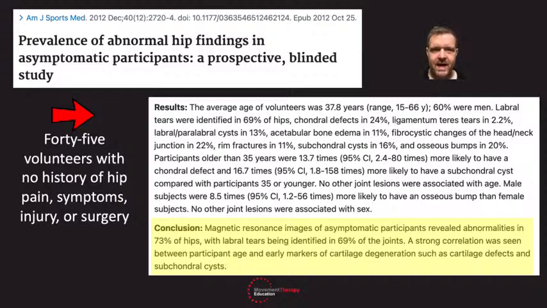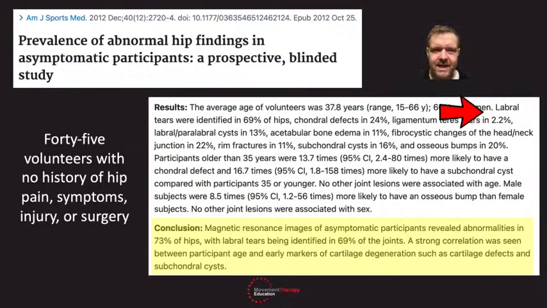It's like other areas of the body as well. So this paper is from 2012. It's the prevalence of abnormal hip findings in asymptomatic participants. So 45 people with no history of hip pain, no symptoms, no injuries or any surgery. What they did was they MRI'd these people. They had a range from 15 to 66 years old, a mean age of 37.